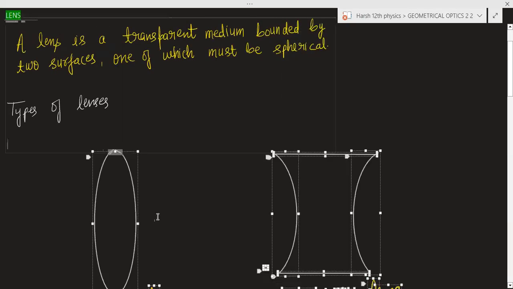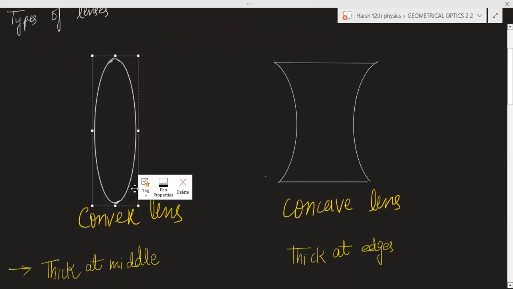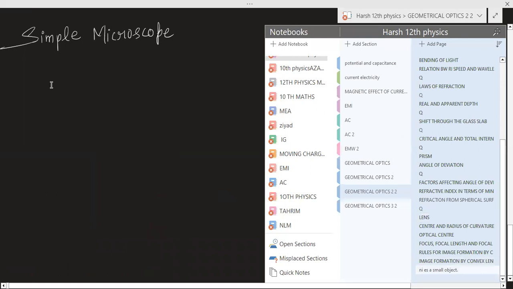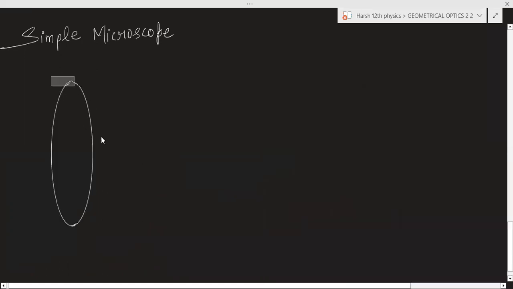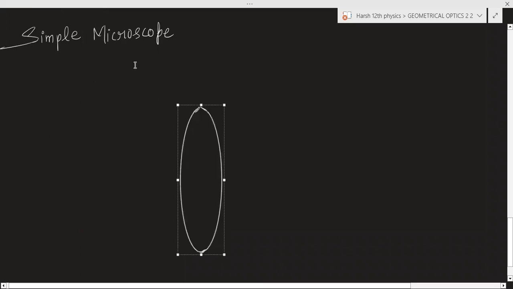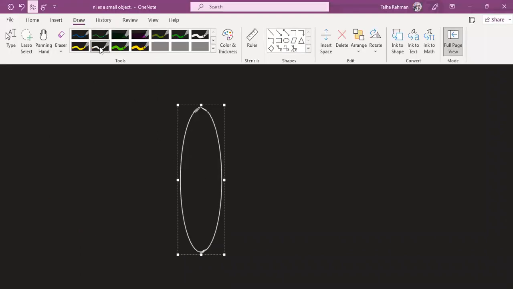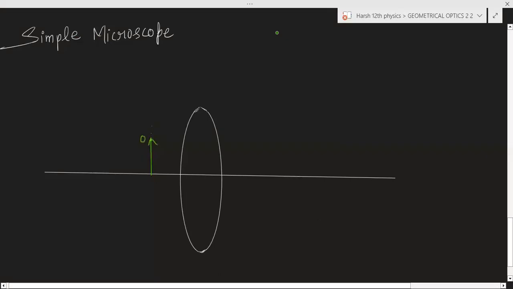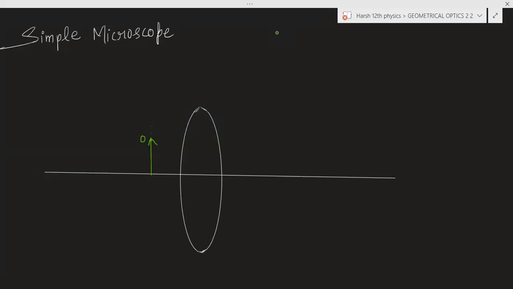So now we will take one lens, because a simple microscope is basically a simple convex lens. This is a convex lens, this is the principal axis, and an object is placed here.